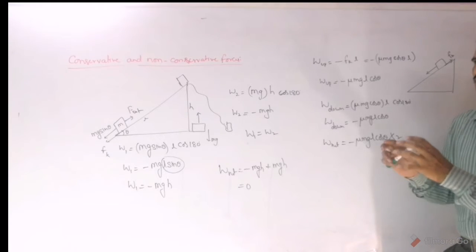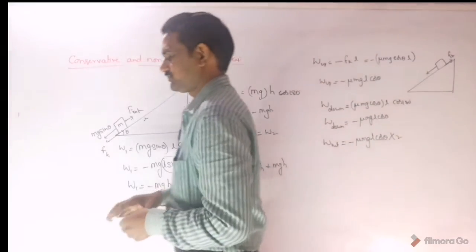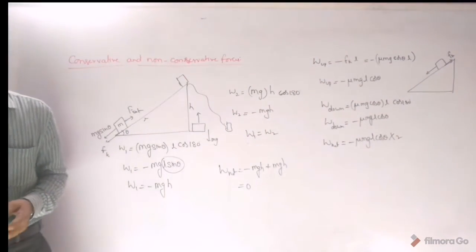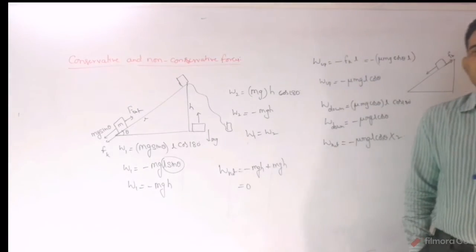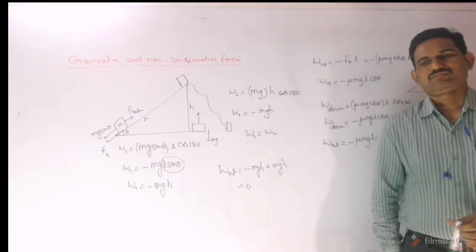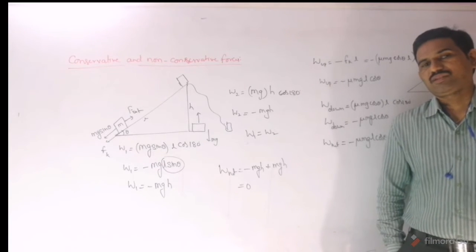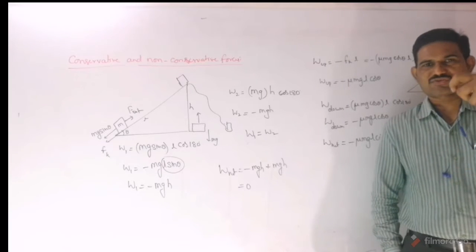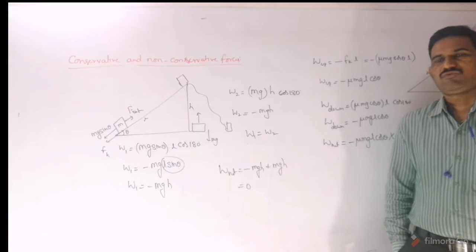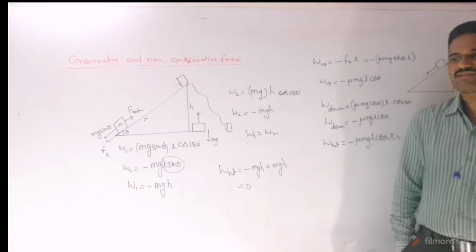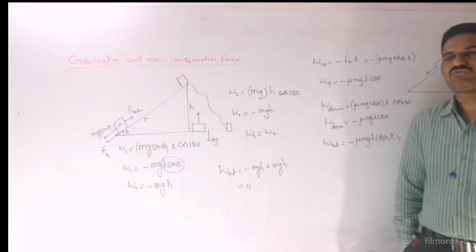Conservative force. First keep that subheading: conservative force. If work done by a force for a closed loop, closed loop in the sense that a body again reaches the initial point, is 0, then it is said to be a conservative force.